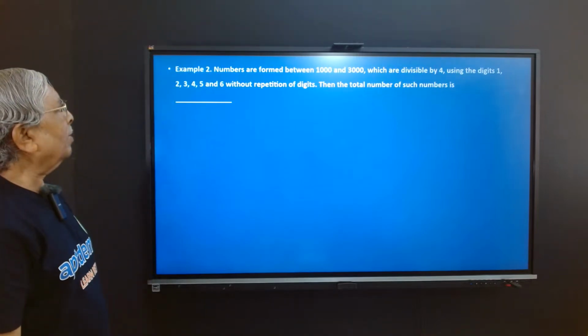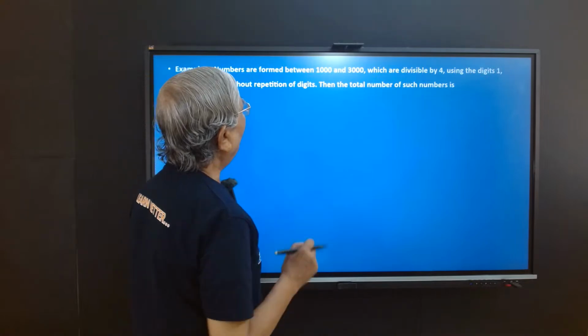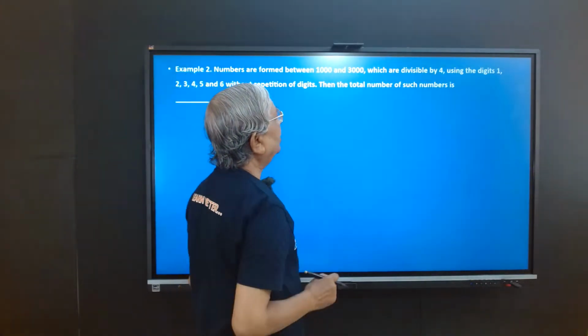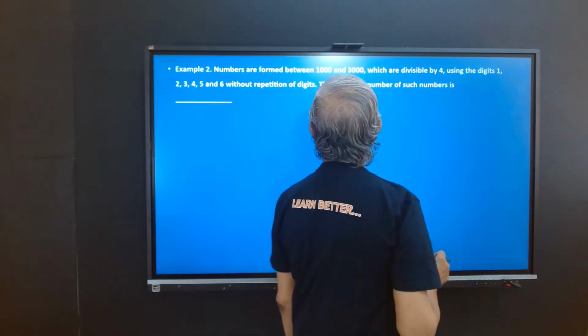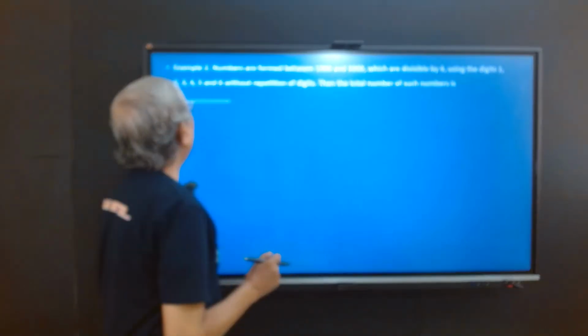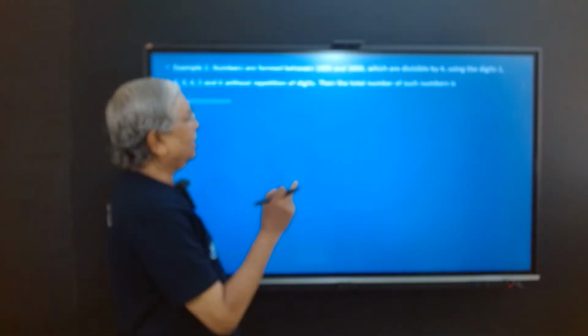I'll go to the next problem. Numbers are formed between 1000 and 3000 which are divisible by 4 using the digits 1, 2, 3, 4, 5 and 6 without repetition of digits. We have to find the total number of such numbers.